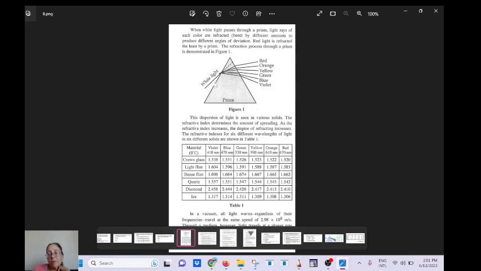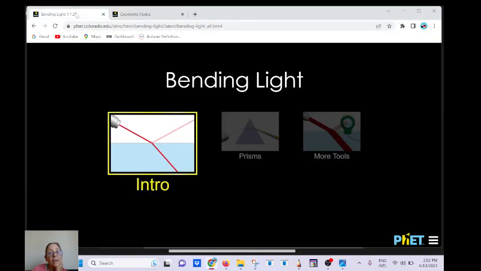But in the vacuum, and about the same in air and vacuum, they all travel at the speed of light. It says in a vacuum, all light travels at the same speed, regardless of their frequency, they will travel at the same speed.